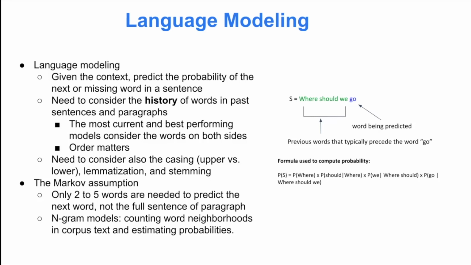If we look at the simple example on the right of the slide, our history would be these 3 words, "where should we," and the word that we're predicting would be "go." This whole sentence is S. So the probability of S would be the probability of where, times the probability of should given where, times the probability of we given where should, and finally times the probability of go given where should we.